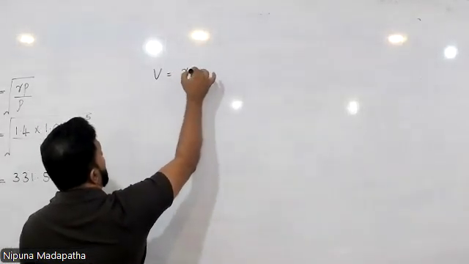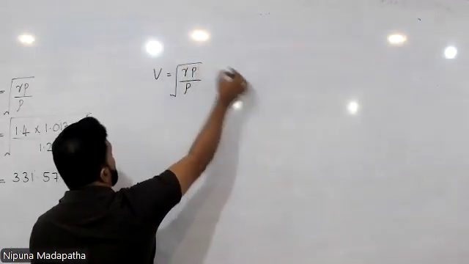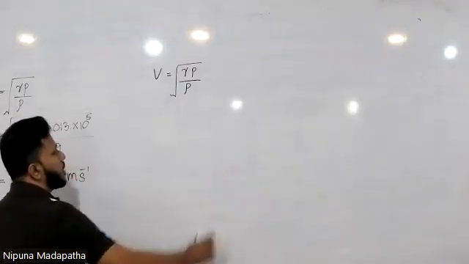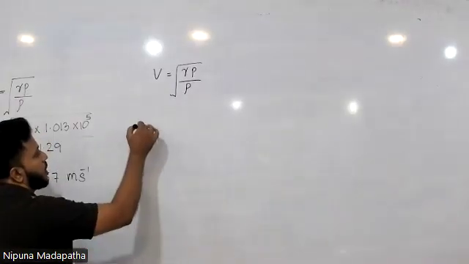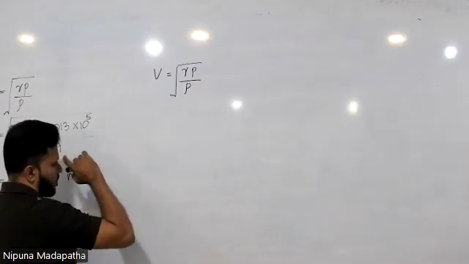V equals the square root of gamma P over rho. We assume air is an ideal gas, so we can apply the ideal gas equation.